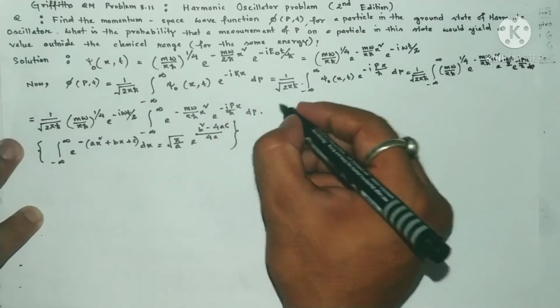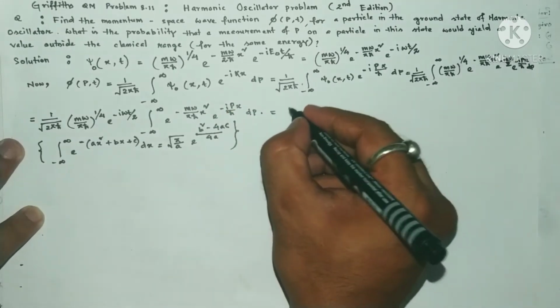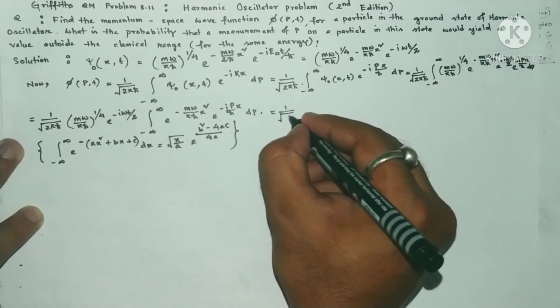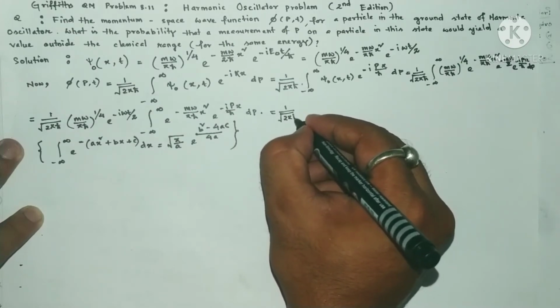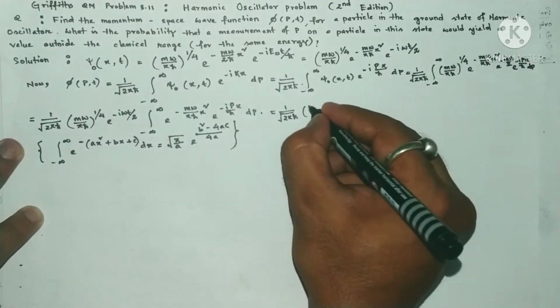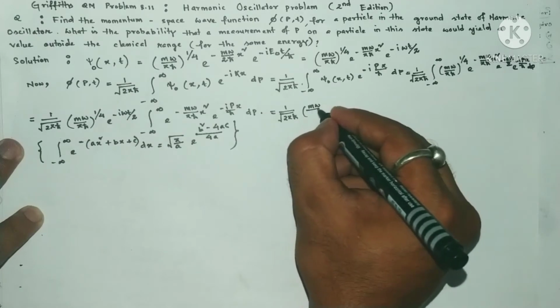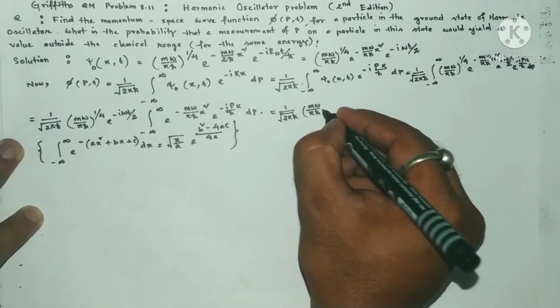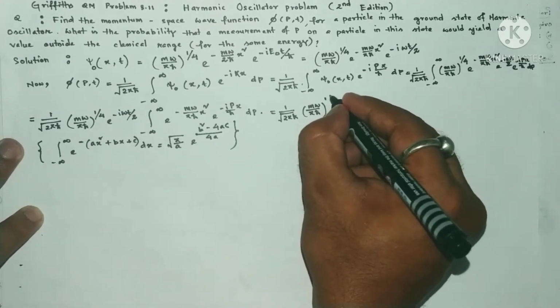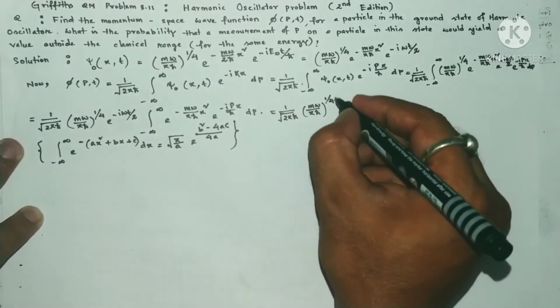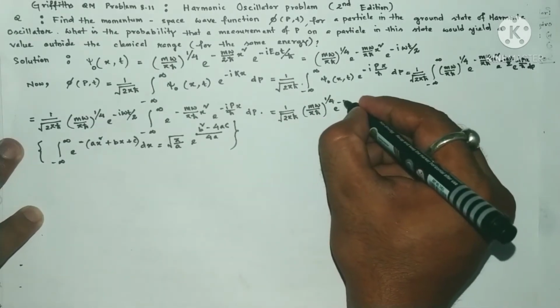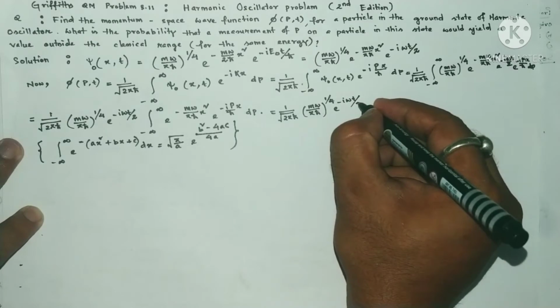Here we can write 1 by under root 2 pi h cross, then m omega over pi h cross to the power 1/4, e raised to minus i omega t by 2.